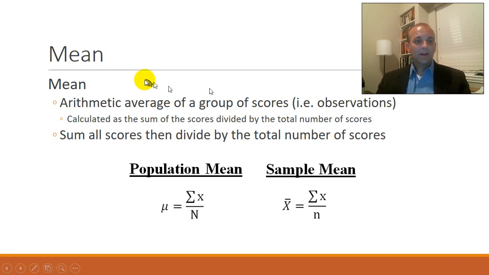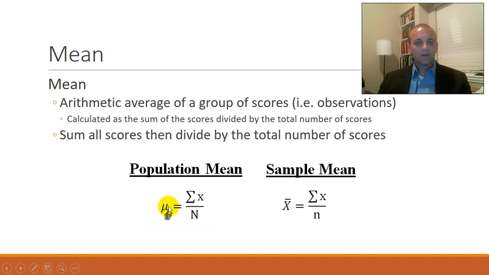Okay. Now the mean, the arithmetic average of a group of scores, the observations. Everybody knows what the mean is. It's the average. When you're talking about average, you sum up all the scores, then divide by the total number of scores. Now, your textbook talks about the differences between the population mean and the sample mean, and about notation, which is important for you to know.